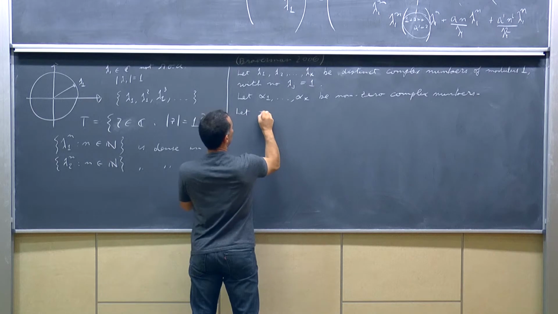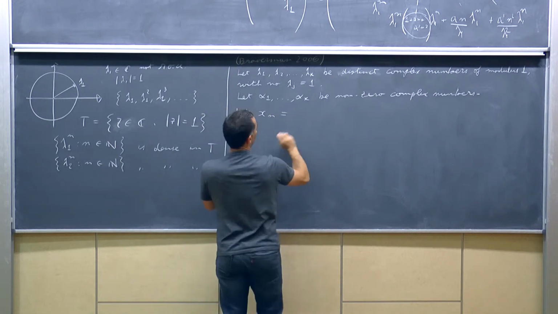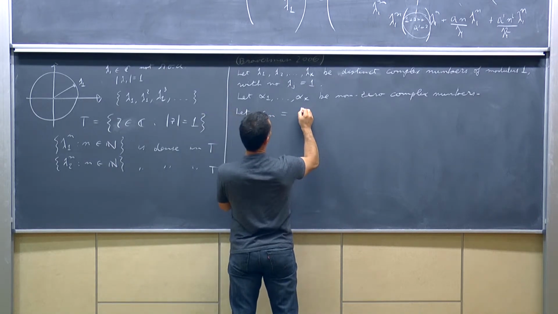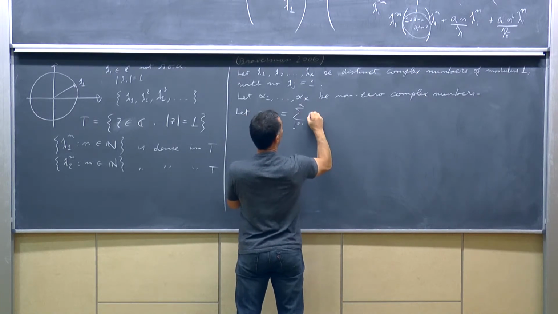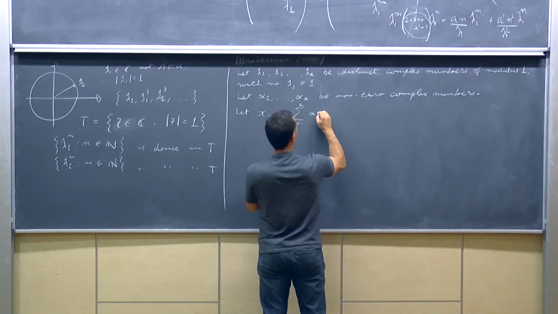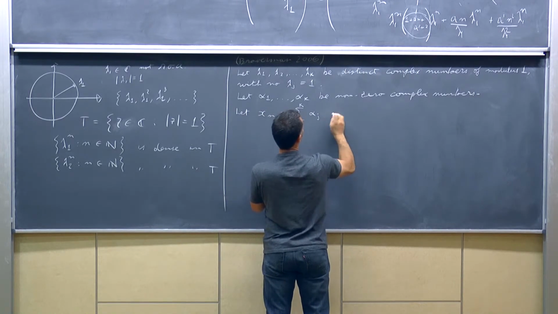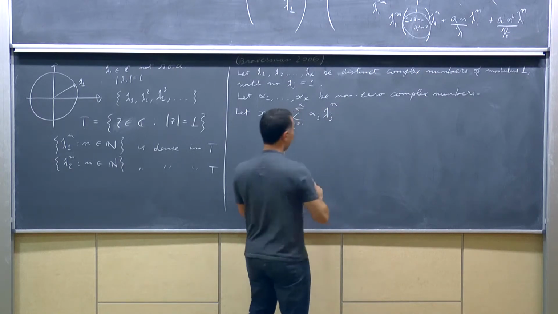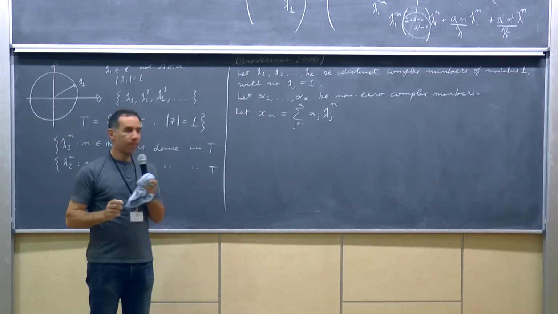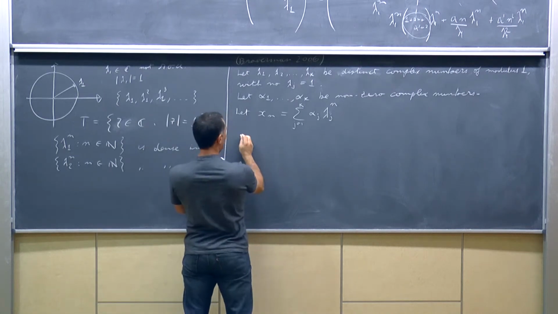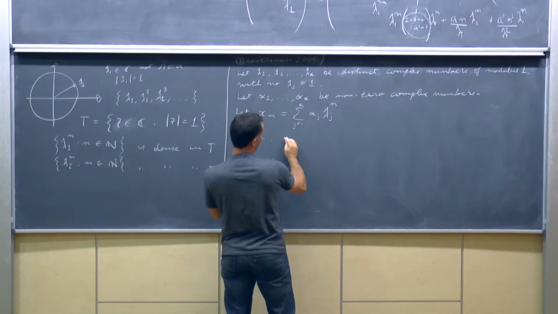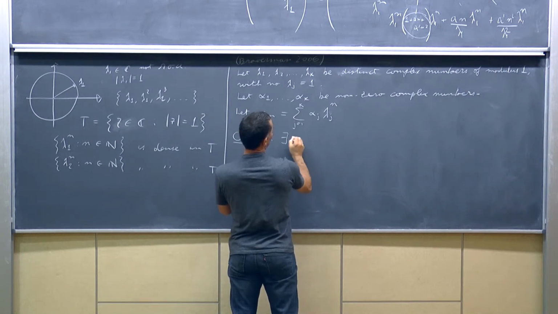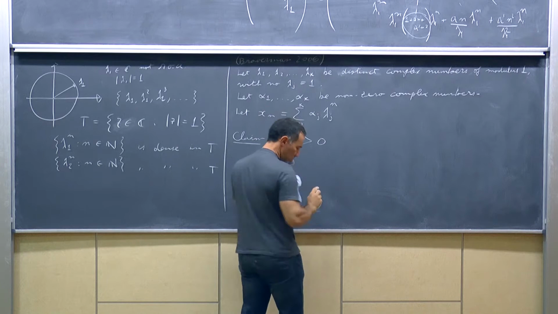And let x n be defined by the summation for j equals 1 to k of alpha j times lambda j to the n. Okay? So I claim the following. The claim is that there exists an epsilon greater than 0.